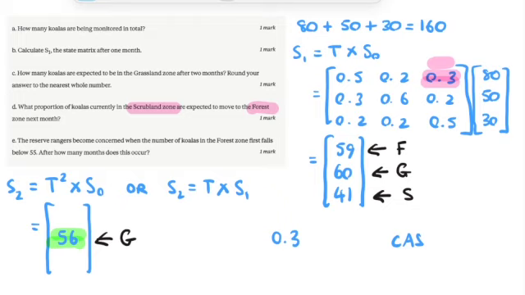So remember, it's the forest. So the forest zone, first below 55. And by doing that, what we end up with is month 3, and we end up with 52 koalas there.